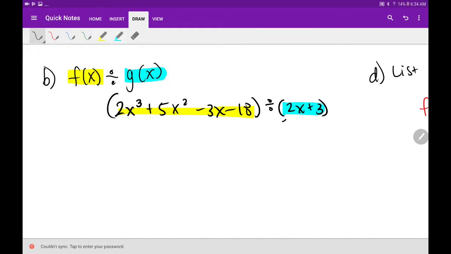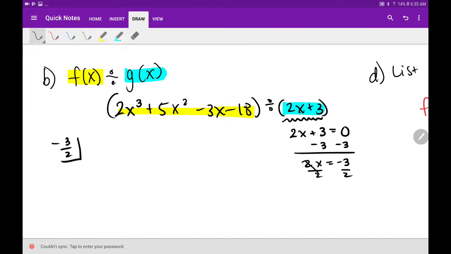So to do synthetic, the number that goes into the box, we get that number by setting our divisor equal to 0. So let's see what x equals. So x equals -3/2. So that's the number that goes into our box. Now our coefficients are 2, 5, -3, and -18.